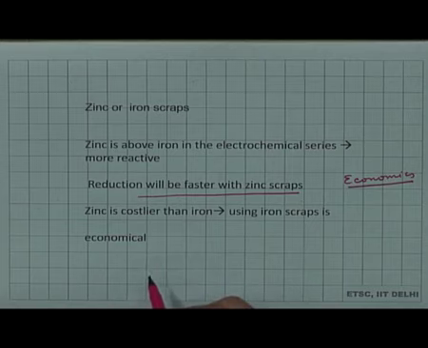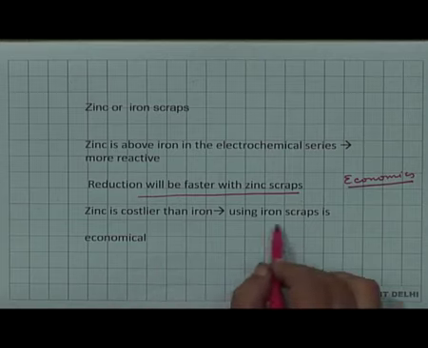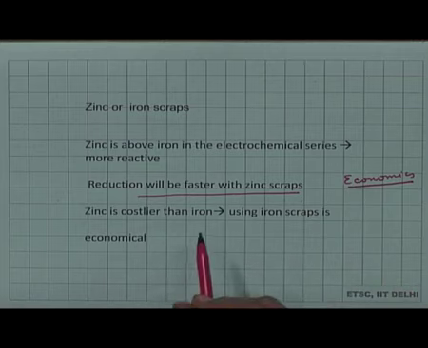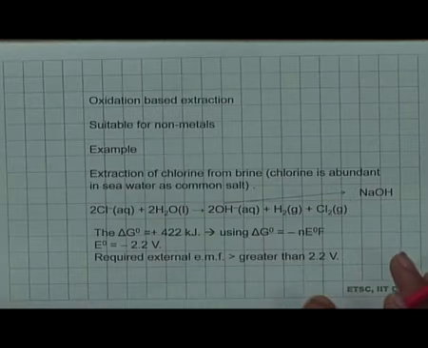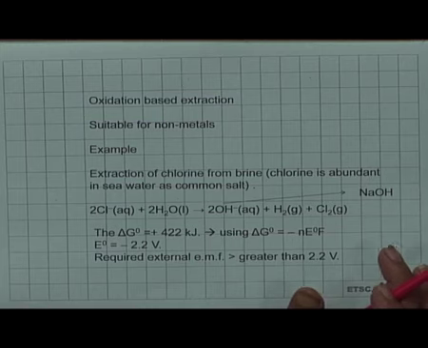Zinc is much costlier than iron. So, using iron scraps is economical, and that is the reason that commercially iron is used to reduce copper ions from a solution in hydrometallurgy.